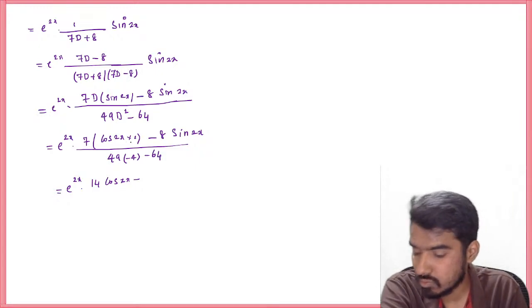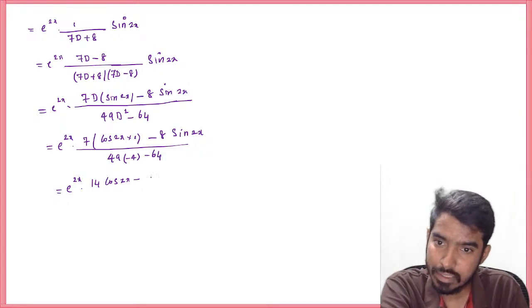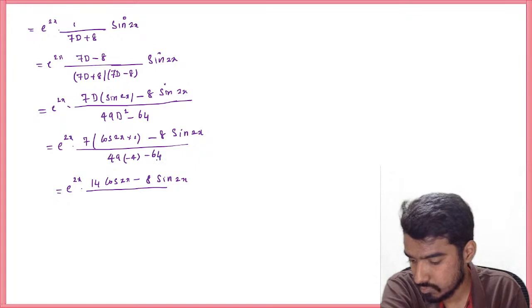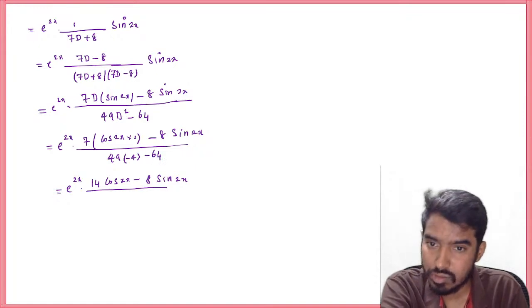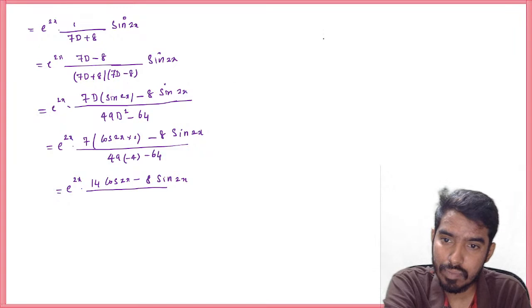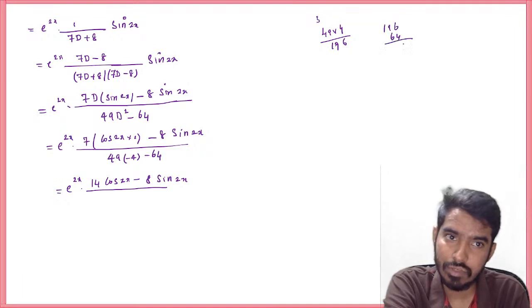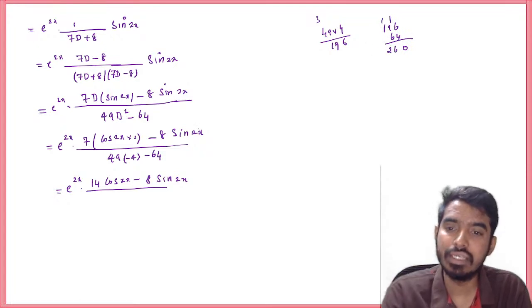cos 2x minus 8 times sin 2x divided by 64. 49 into 4 is 196, 196 plus 64 is 260.